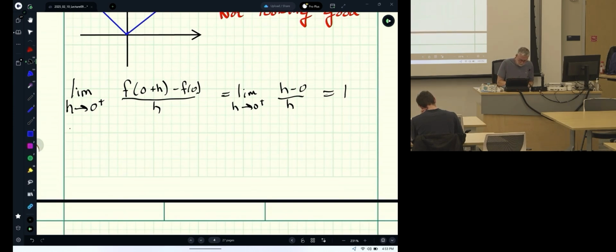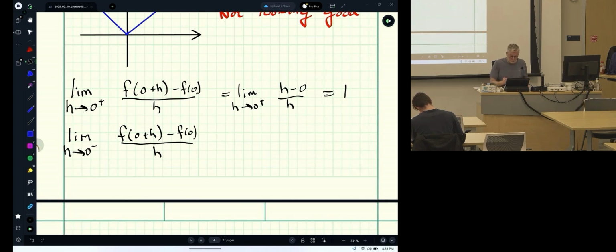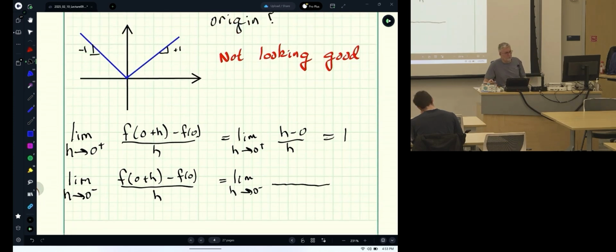And then we will slyly take the limit from the other side, which is also part of the definition, because it's a double-sided limit, so left and right have to be equal. So this is how we formally show that there's an issue here. Okay, so when h is negative, what is the absolute value of h?